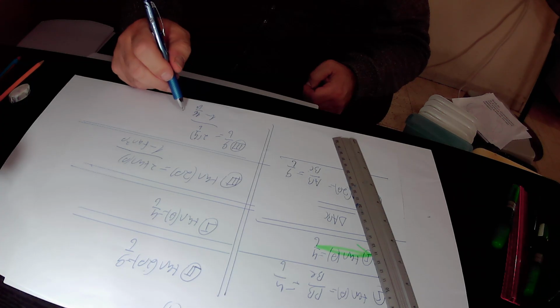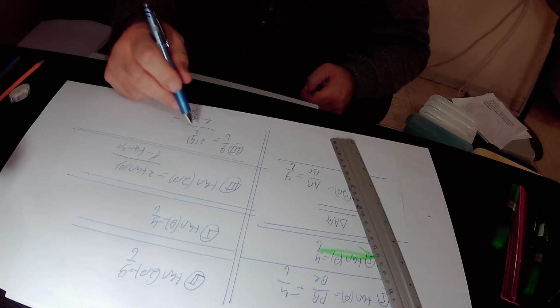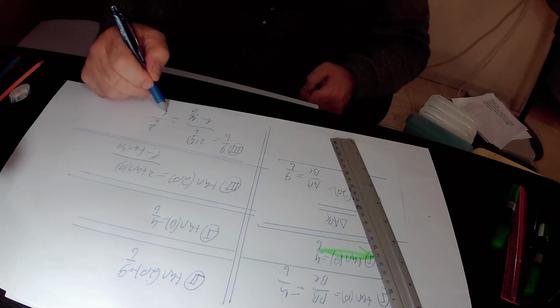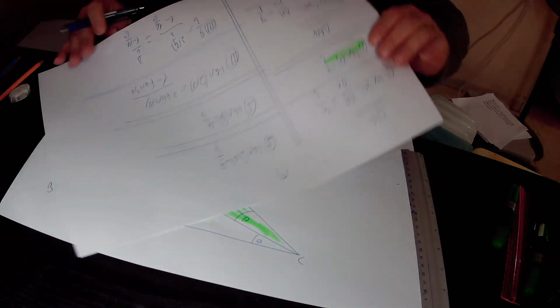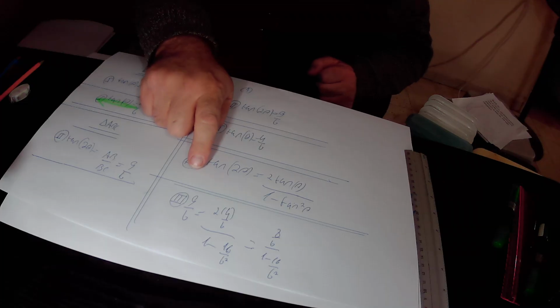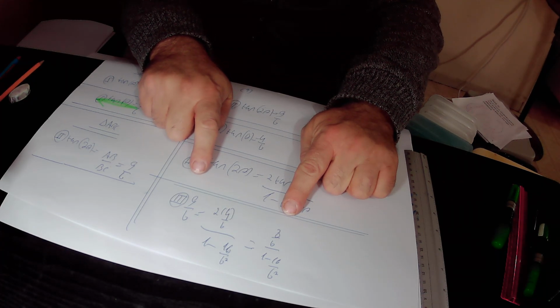So in total, if you found out that 9 over B equals 2 times 4, that is 8 over B over 1 minus 16 over B squared. According to equation 3, 9 over B equals 8 over B over 1 minus 16 over B squared.